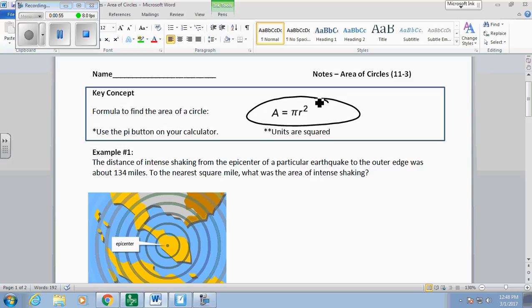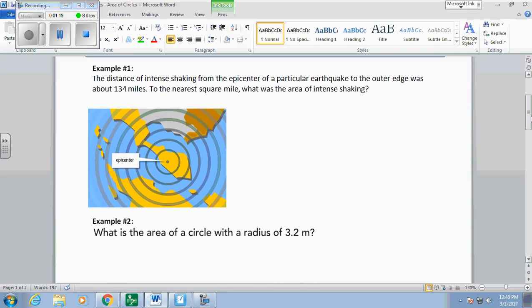And you are not required to have this memorized, so don't worry about using your brain space for that. I am reminding you here that you need to use the pi button on your calculator unless it asks you to leave your answer in terms of pi, and that your units are squared. So for example, we would have feet squared or inches squared. And we're just going to jump right into these examples.